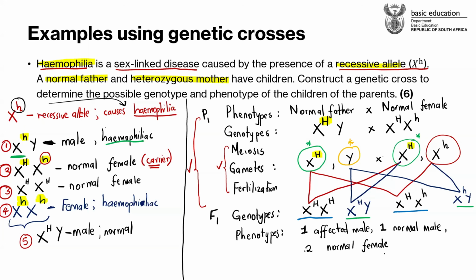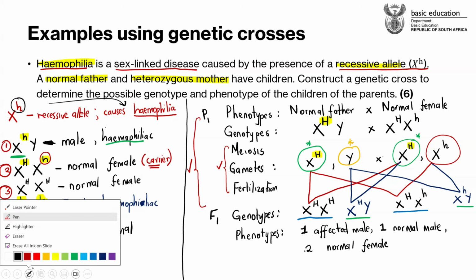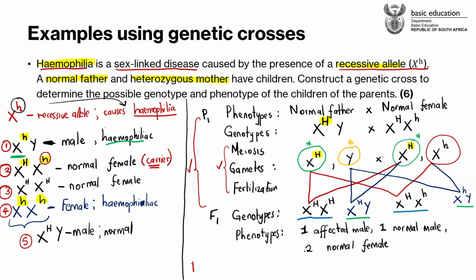Yes, sir. All right. Now I want you guys to give me the percentage of affected males, percentage of normal male, percentage of normal female. So I say 25% for affected male and 75% of not affected offspring.